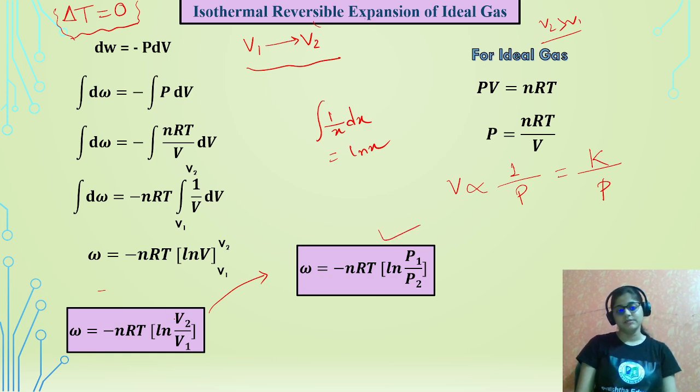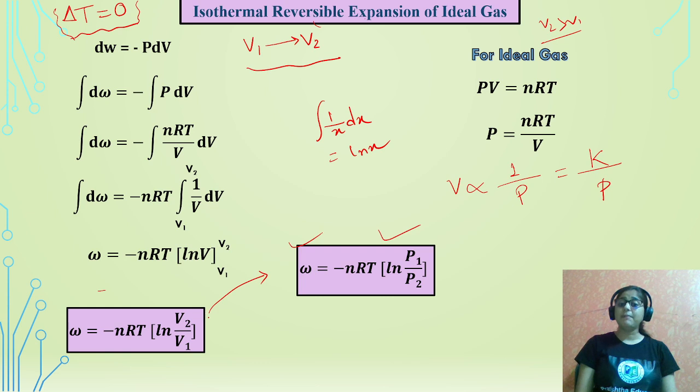If we put in the values, K by P1 is here and K by P2 is there, and K by P1 means P1 goes outside. So this will be another form.